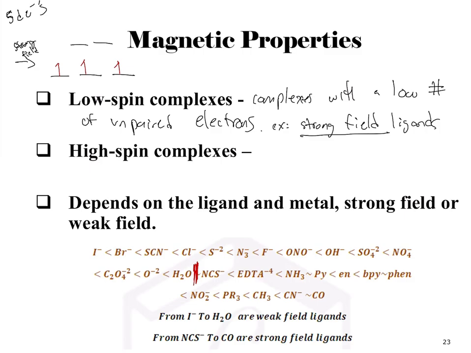It's a strong field, which means that we fill in the entire bottom row here, the bottom energy level, before we move up in energy. So we put the remaining 2 in the off-axis d orbitals.